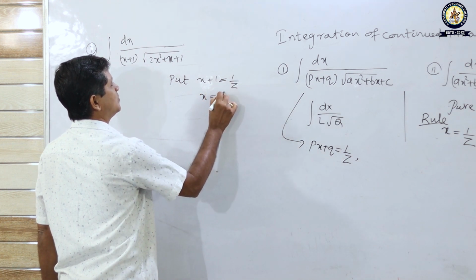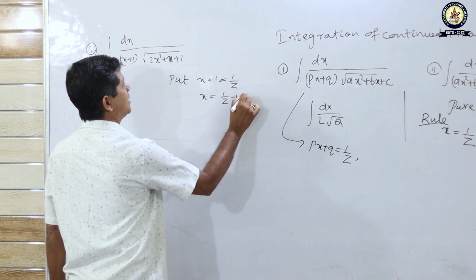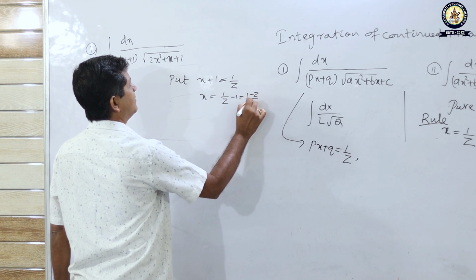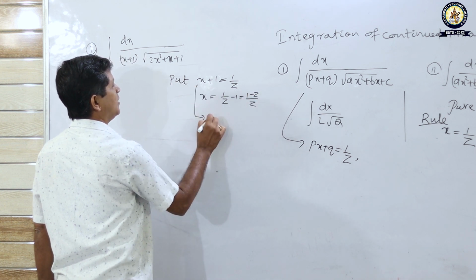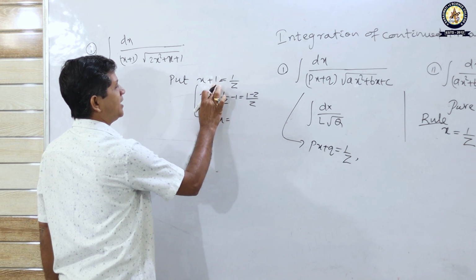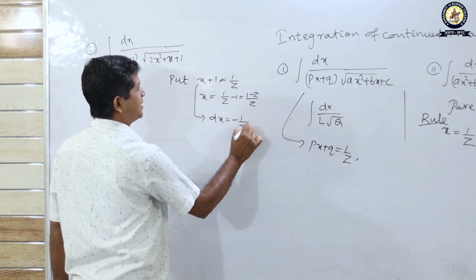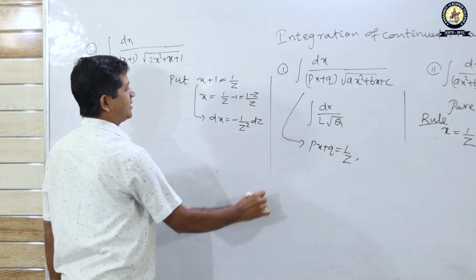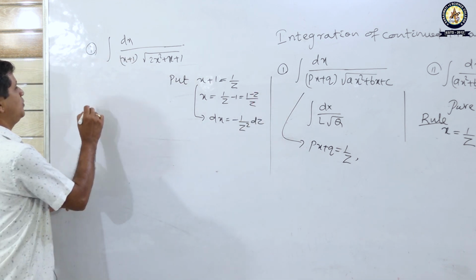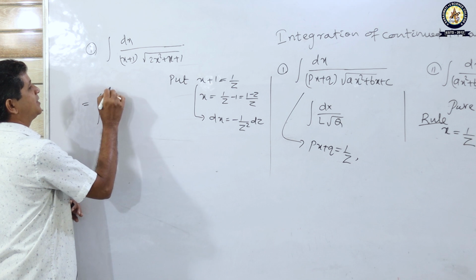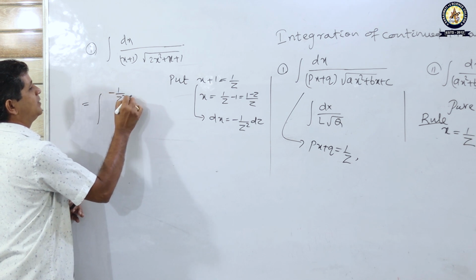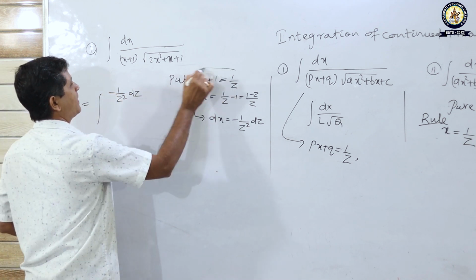Then x is equal to 1 by z minus 1, that is (1 minus z) by z. From this, what is dx? The derivative of 1 by z minus 1 is minus 1 by z square into dz, right? So for dx we write minus 1 by z square into dz.